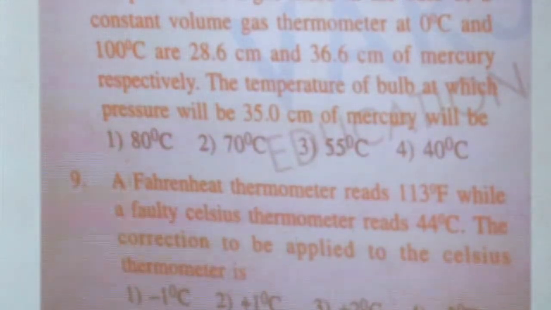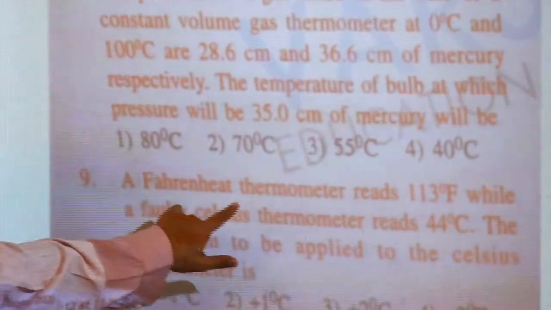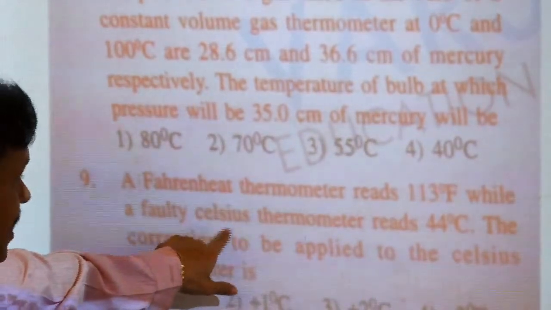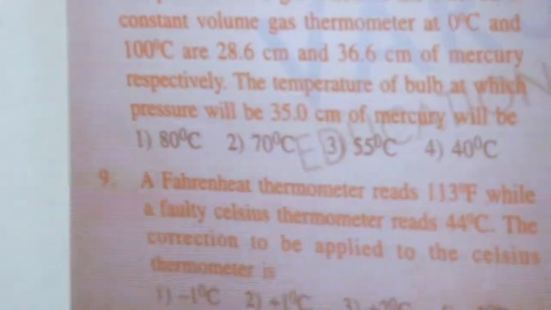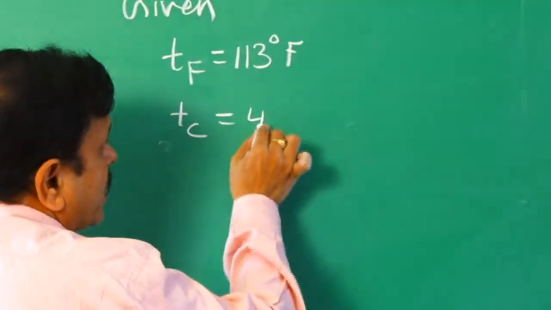Since it is a little typical, we consider that the temperature in Fahrenheit is given to be 113 degrees Fahrenheit, and the faulty Celsius thermometer reads 44 degrees Celsius.